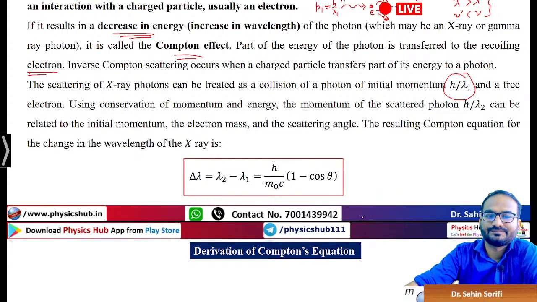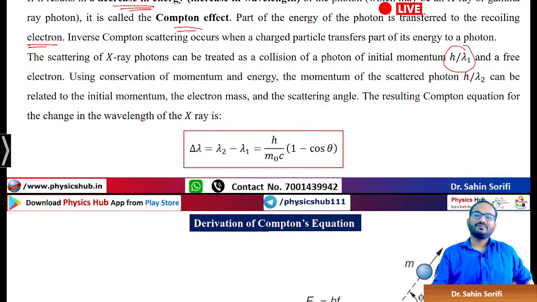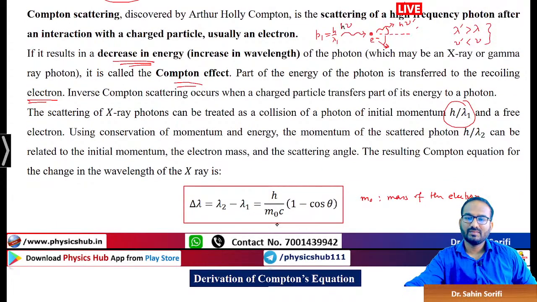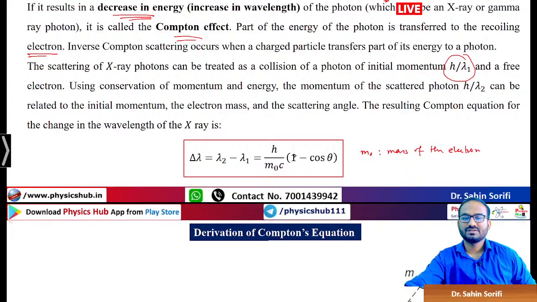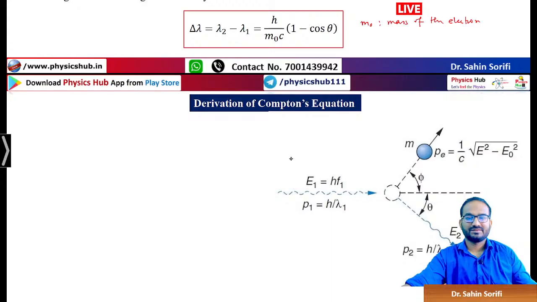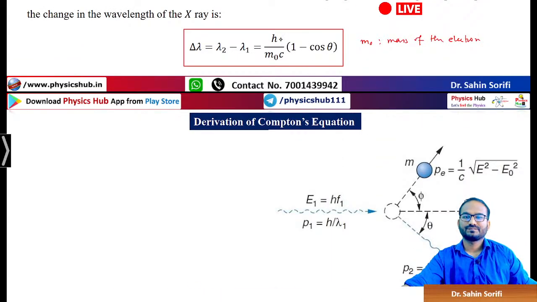Sometimes you are asked to calculate it. m naught is the mass of the electron. And if the Compton effect is done by some other particle, then the mass of that particle will be used here. This equation is known as the Compton equation. Let us try to derive it, a simple derivation of this Compton equation.